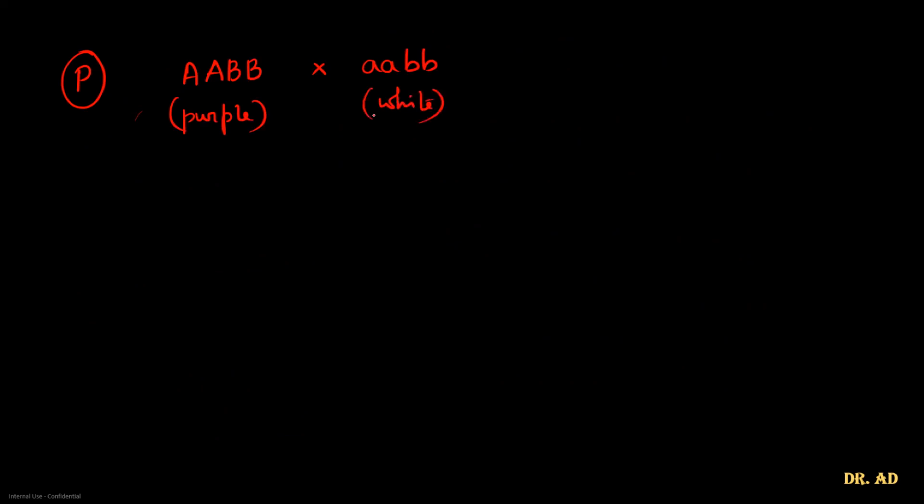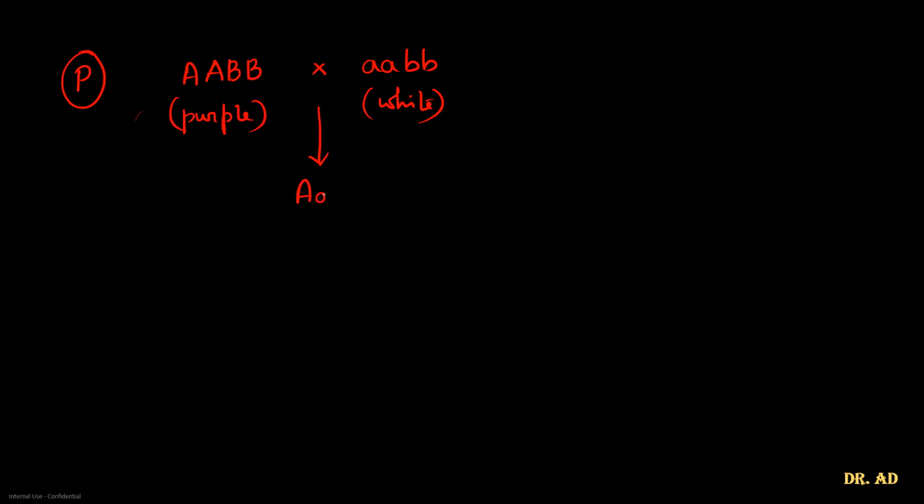So we have a cross here. Parental generation, P. We have a cross here, capital A, capital A, capital B, capital B, that is purple flower. Agree? Is crossed with small a, small a, small b, small b, white. Right?